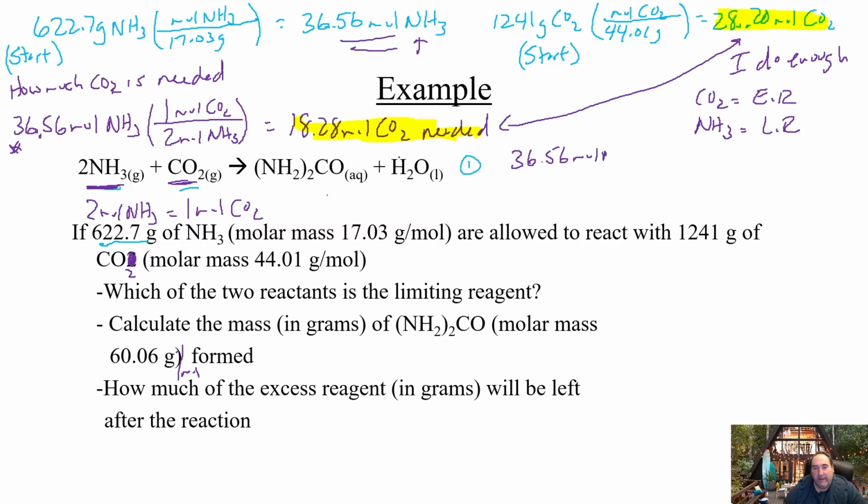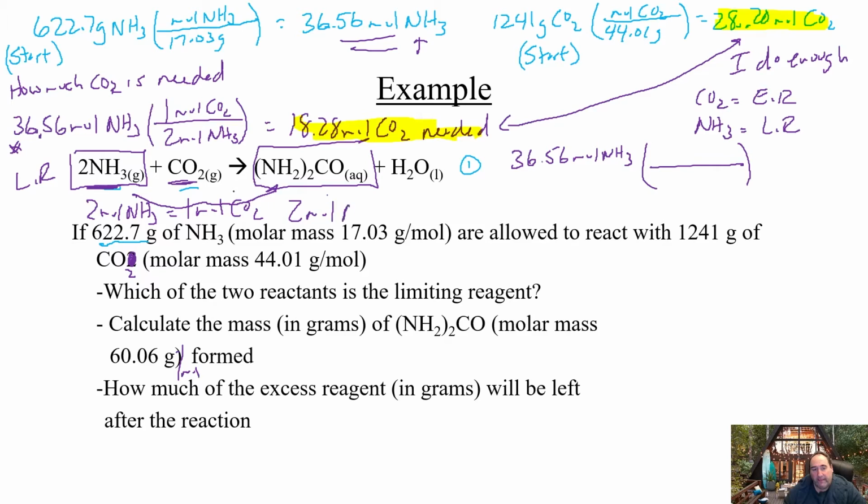So we're going to take 36.56 moles of NH3. We're now going to do the mole-to-mole relationship between our limiting reagent and our product that we're interested in. We can see for every 2 moles of NH3, we have 1 mole of our product.